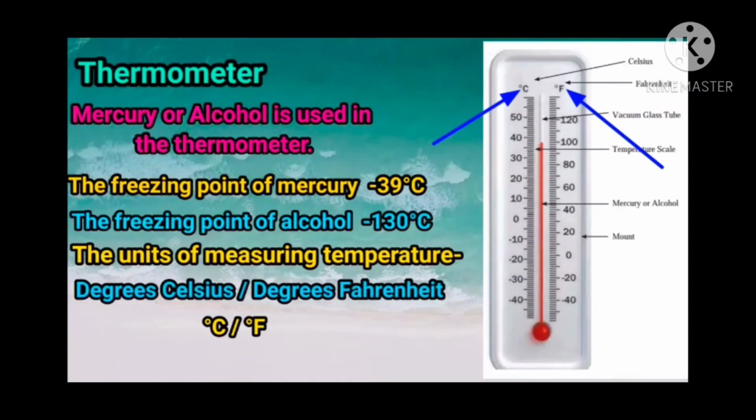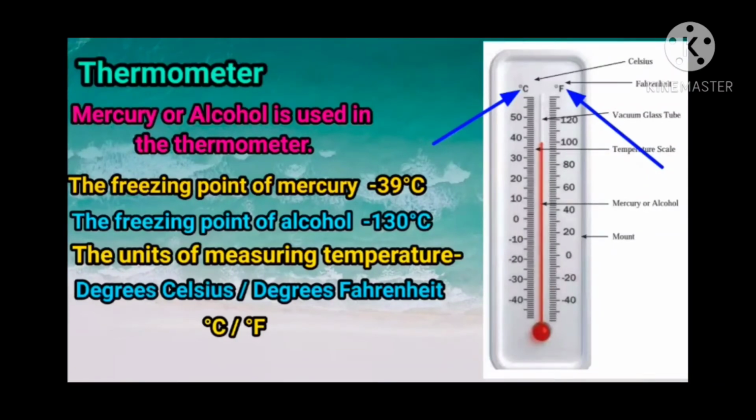Now, mercury or alcohol is used in the thermometer. Why is mercury used in the thermometer and why is alcohol chosen for the thermometer? Mercury has a freezing point of minus 39 degrees Celsius, while alcohol has a freezing point of minus 130 degrees Celsius.